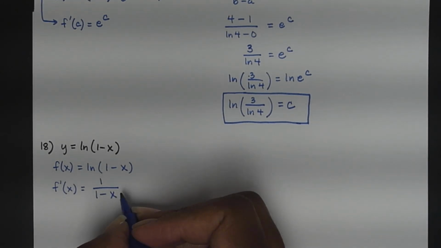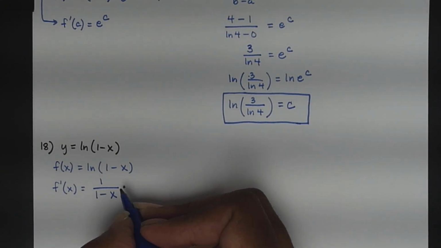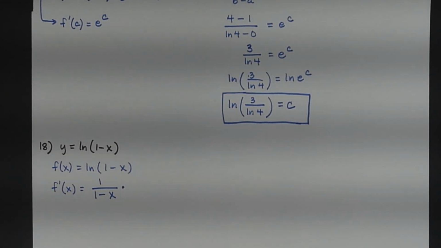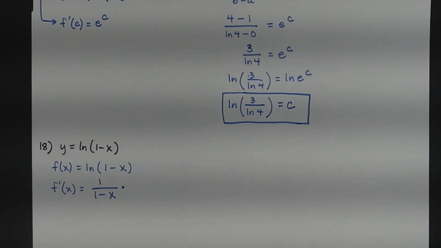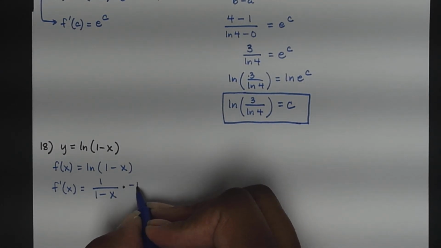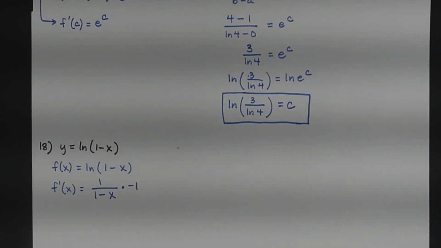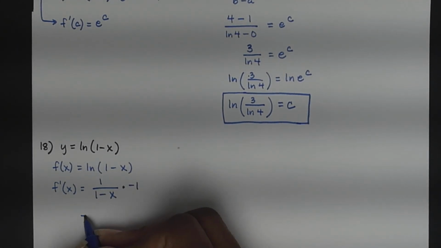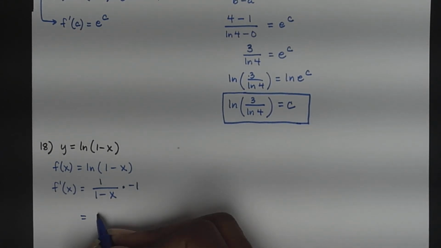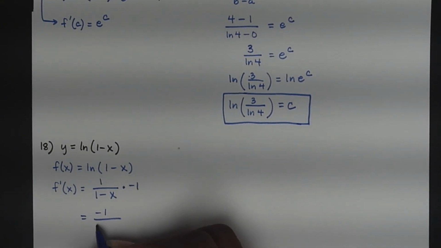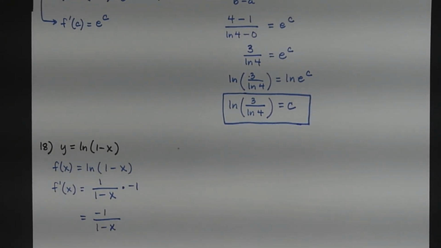So it'll be 1 over 1 minus x times, and I have to use the chain rule for the derivative of 1 minus x, which is negative 1. So here, if I multiply negative 1 times 1, that's negative 1 divided by 1 minus x.